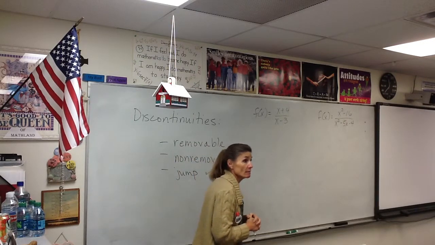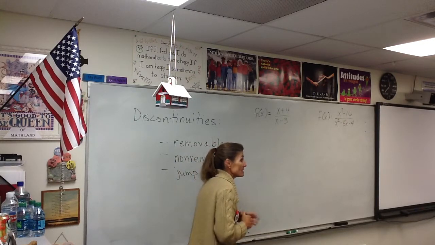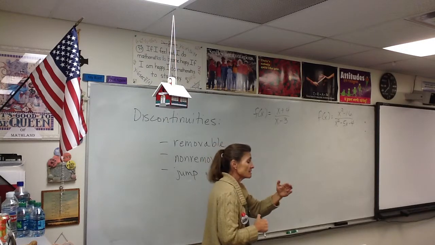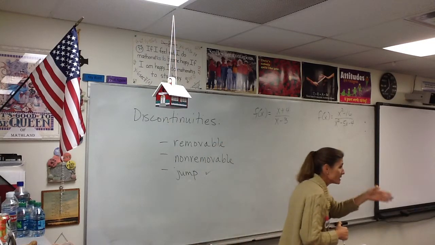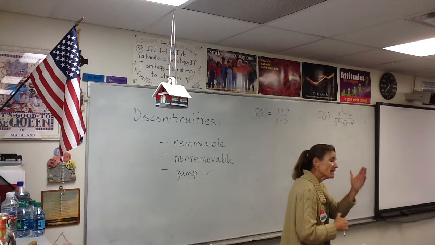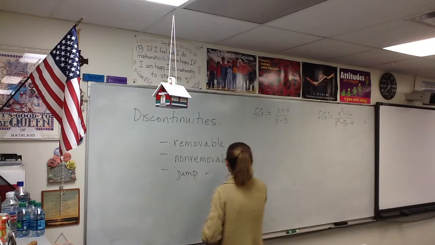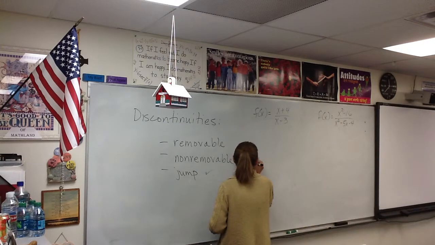X can't be 3, right? When he says to me, X cannot be 3, a cannot be is graphed as a vertical asymptote.